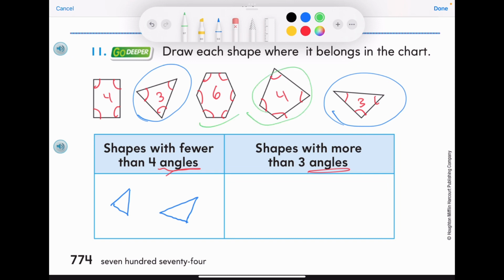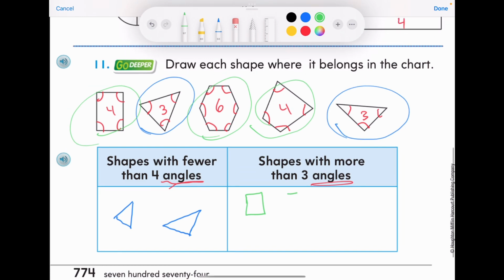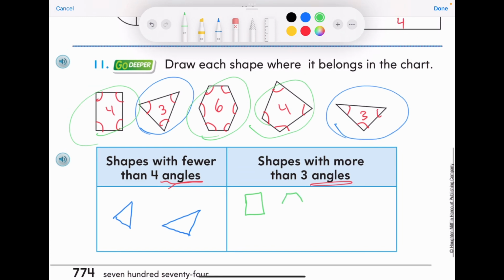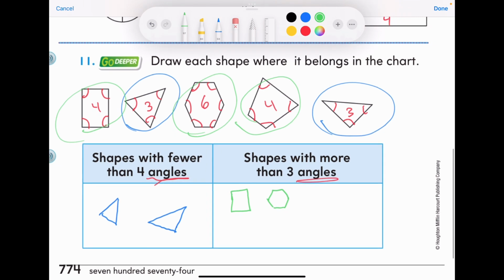So that would be the remaining. So I'm going to do the first one, the one that has 6. And then that last one, just like that. And just draw those to the best of your ability to match the shapes above.